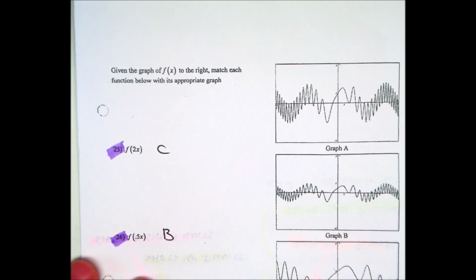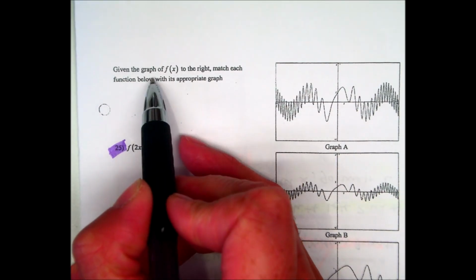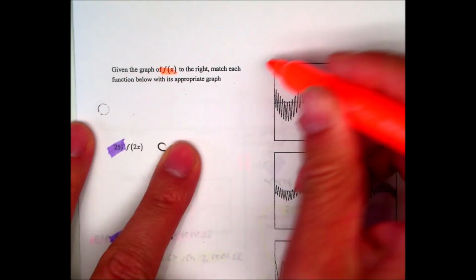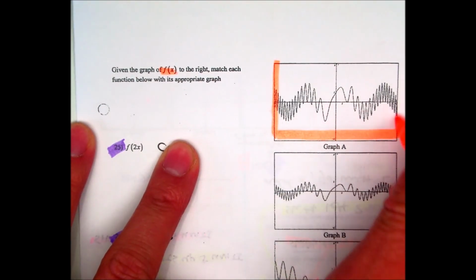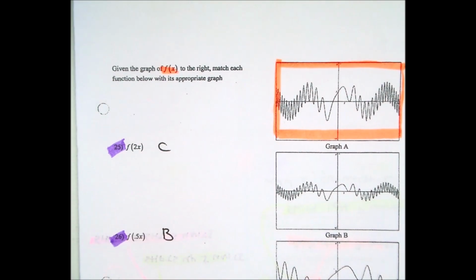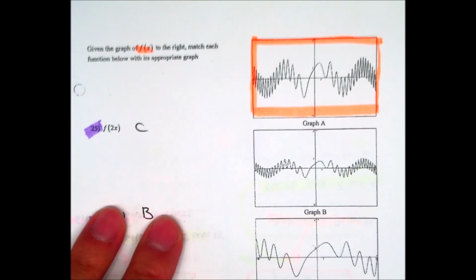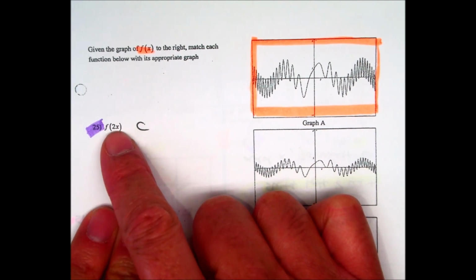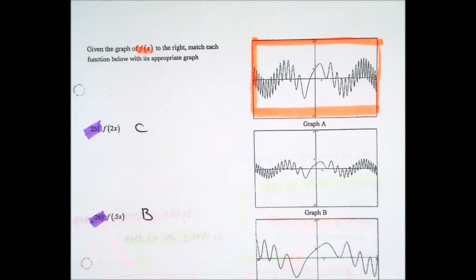Question number 25. Given the graph of f of x to the right, so here is our parent function. What's going to happen if you have a 2 on the inside, the 2 there, in our graph is going to horizontally compress it.